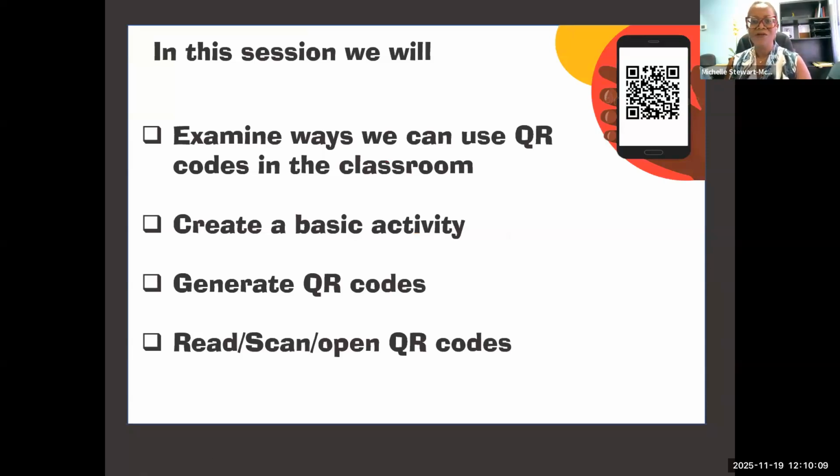Then we'll look at how we generate these codes. In creating the activity, we will also be generating QR codes so that you can use them. And then we'll look at different ways that we can open or read the QR codes, which you will share with your students so they too can be aware.